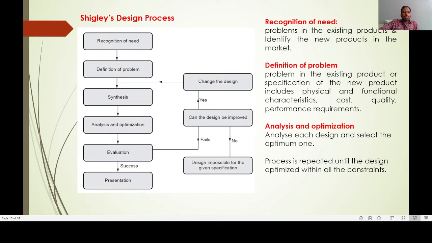Analysis is to analyze each design and select the optimum one. There are many design concepts, so first we need to find the optimum solution for the particular problem. Next, the process is repeated until the design is optimized within all our constraints. With all the constraints, the process is repetitive.